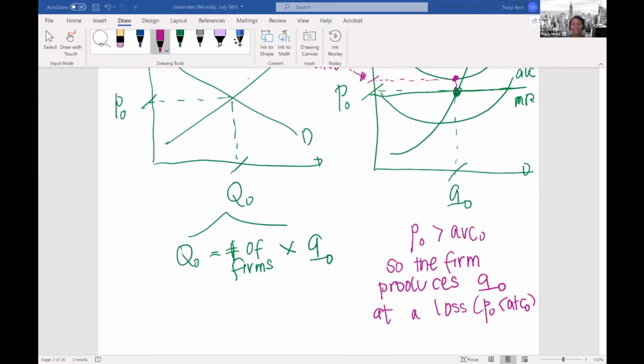So only variable cost changes with quantity in the short run. So your marginal cost, you can basically say it is the change in total variable cost when quantity changes.